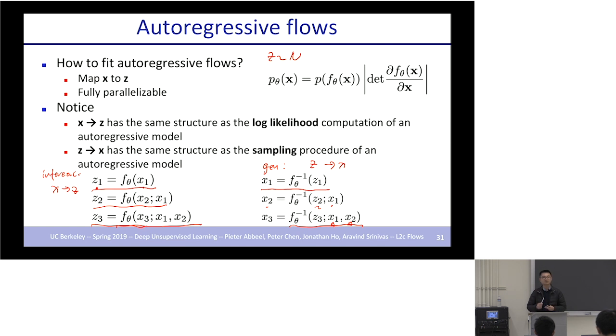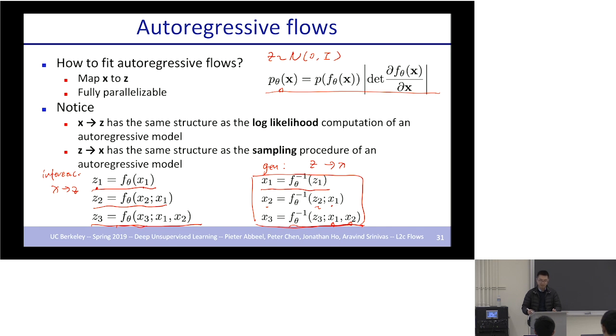Questions? Yeah, good question. So let's say Z is sampled from some standard Gaussian. And then we want to fit X. We have some data distribution, and then we want to fit X. And the way that you evaluate that is by exactly this. So this is my model, and my model is exactly specified by this.